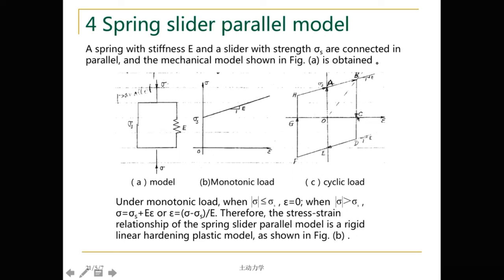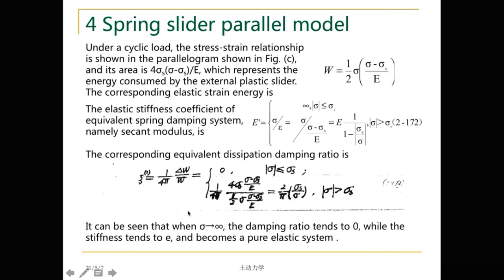And how much is OC? OC is the strain, which equals sigma minus sigma s over E. Then we substitute into it and calculate the value: OC times OA, times 4, which represents the energy consumed by the external plastic slider.